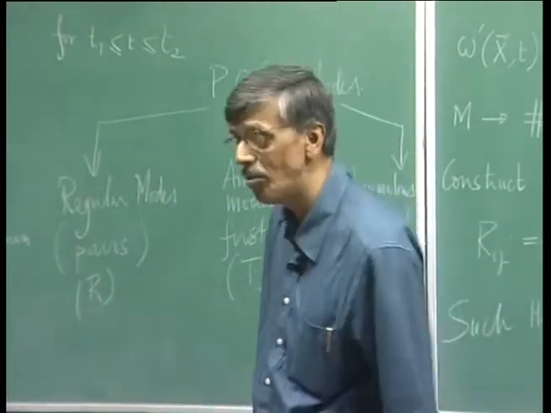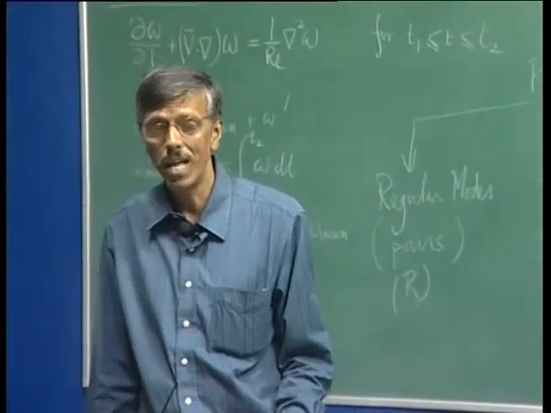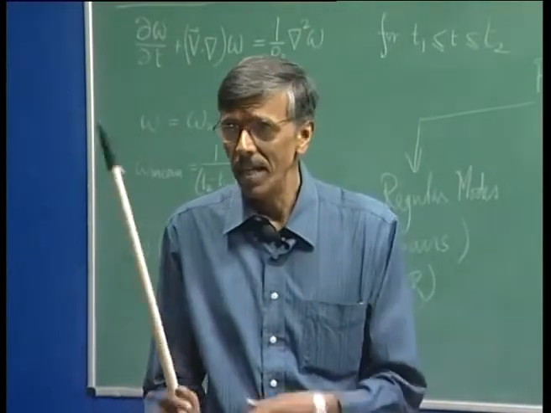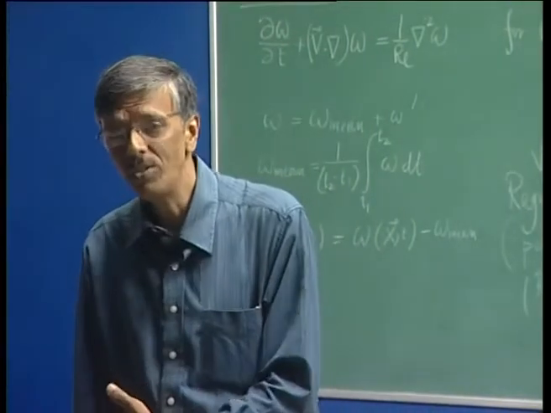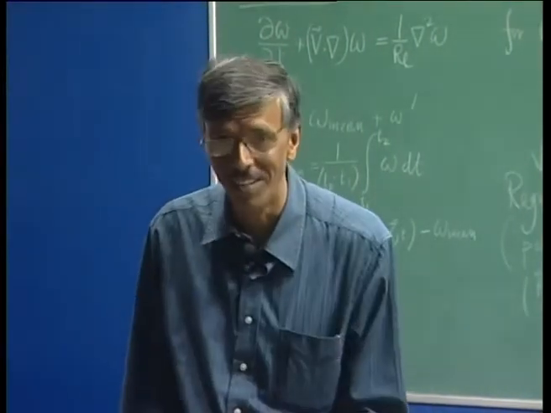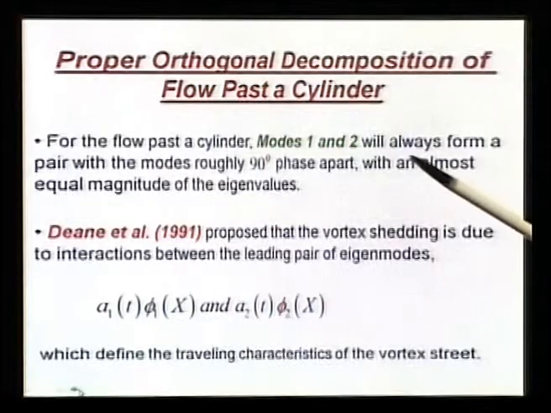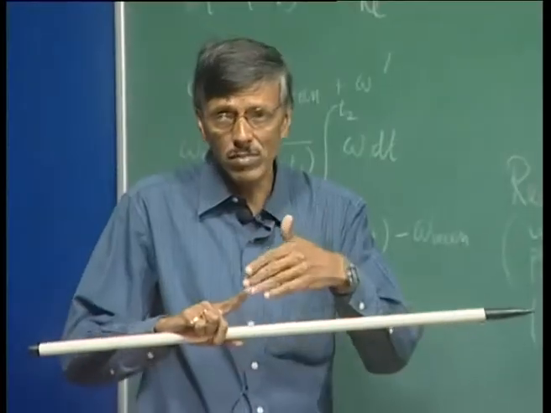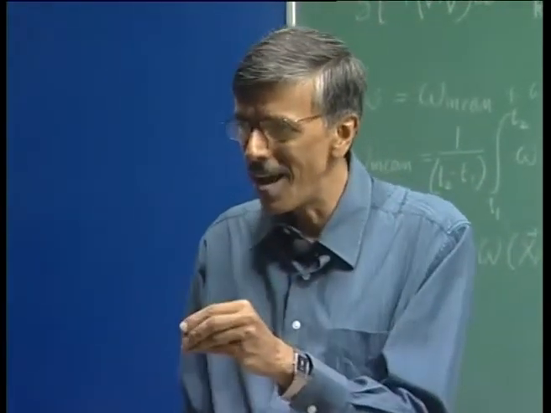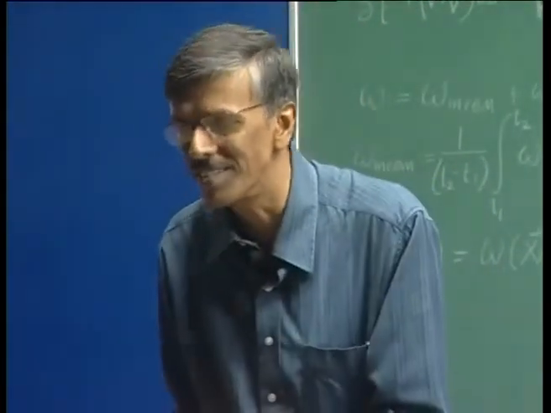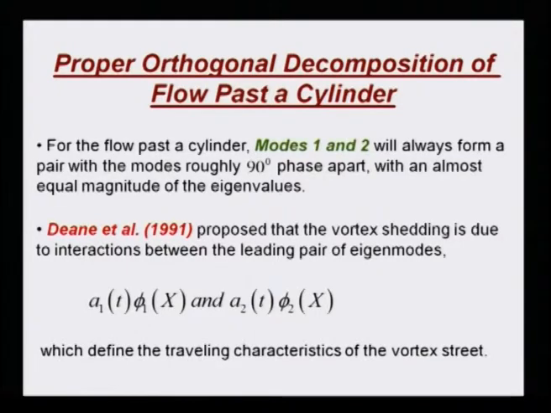But you recall also what Kosambi started off with his motivation, that you have a stochastical dynamical system. You are projecting it into a deterministic basis which are orthogonal. So if I look at some of those modes which form pair, and the phase difference is not perfectly 90-degree, that shows that even these pairs are contaminated by stochasticity, right? So that is the main issue. We need to understand that.